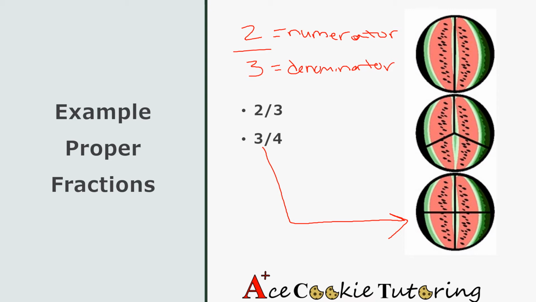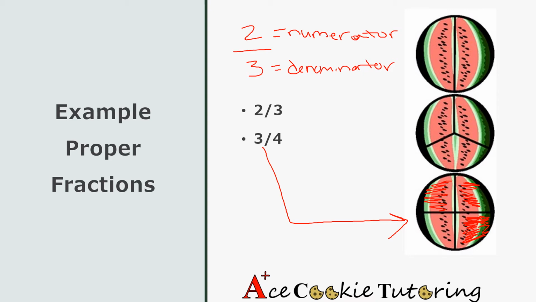Now, if I had 3, so that's how many pieces I have, the easiest thing for me to do for you guys is just to kind of color it in here. So if I was really, really hungry, or maybe I had some friends I wanted to share watermelon with, I could eat myself or with my friends 3/4 of the watermelon. So each piece is considered 1/4.